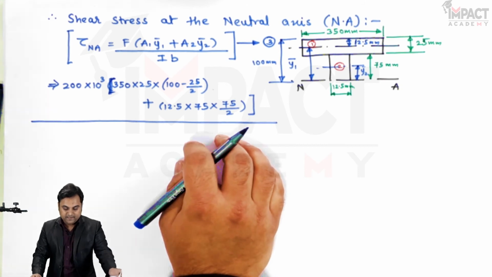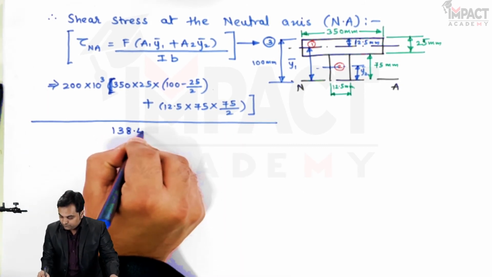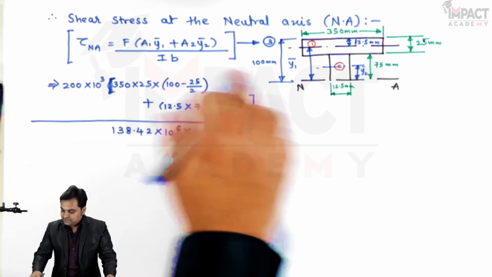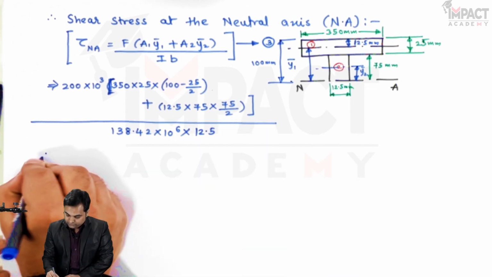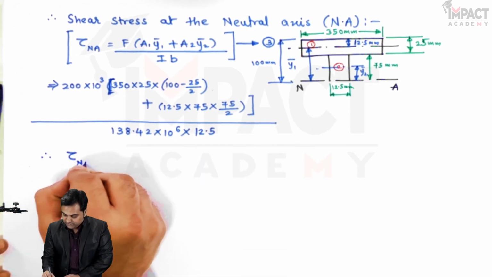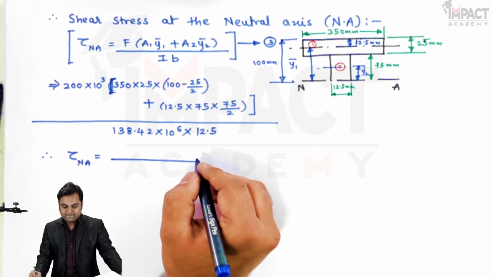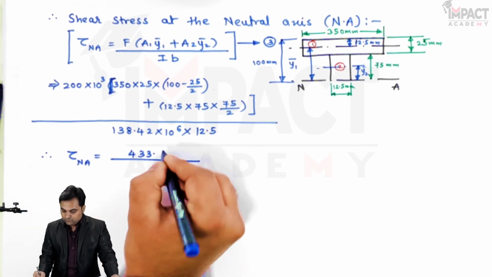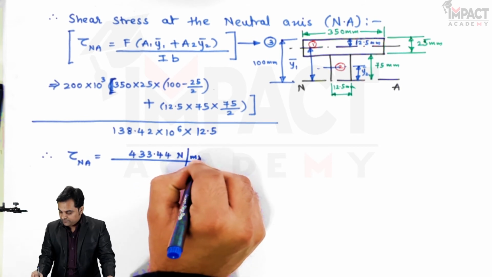Dividing completely by I, which is 138.42 into 10 raised to 6, and B is the width at the neutral axis, which is 12.5 mm. So from this I am going to get the answer of tau at the neutral axis, and it comes out to be 433.44 Newton per mm square.